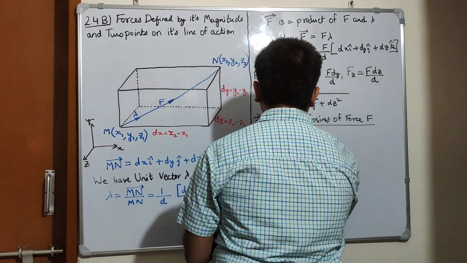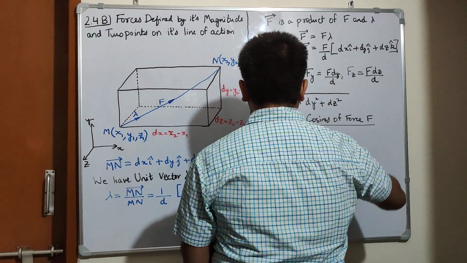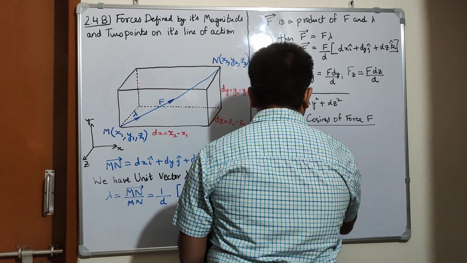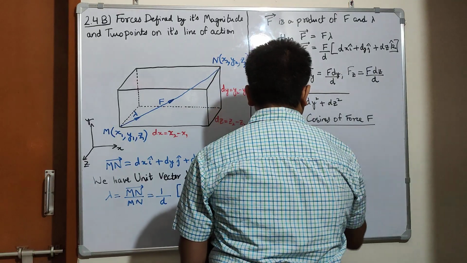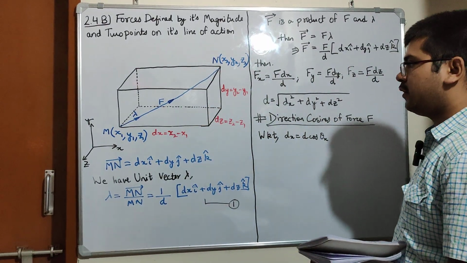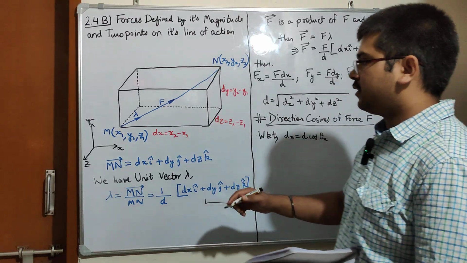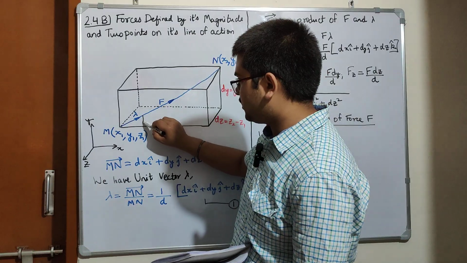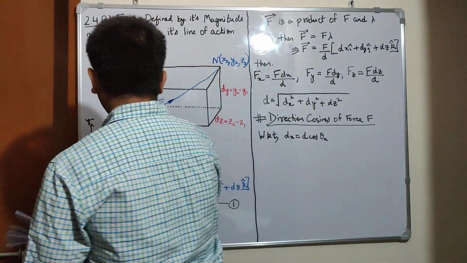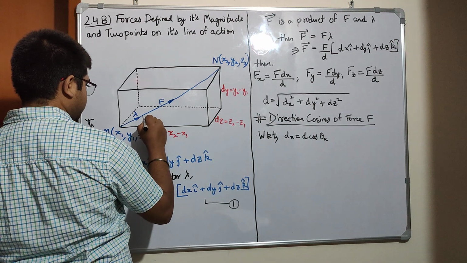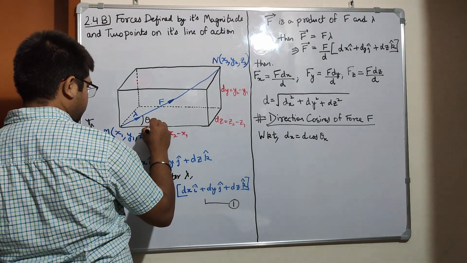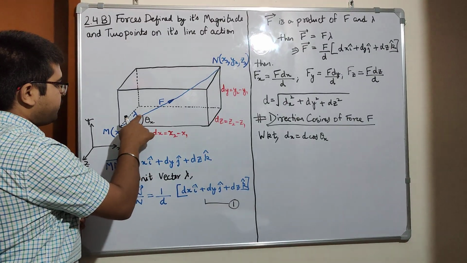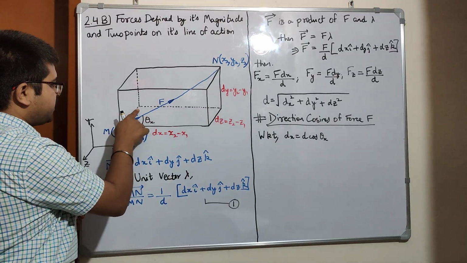Dx is equal to, we know that dx is equal to d cos theta x. This we know that if I put this here, from the x axis theta x, and similarly there would be an angle theta y from the y axis and theta z from the z axis.